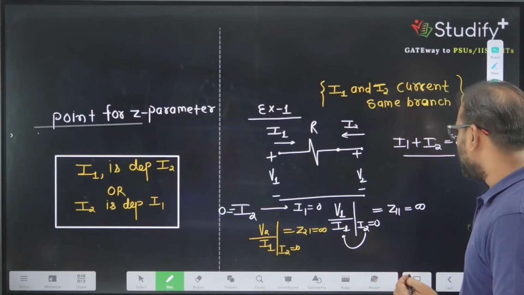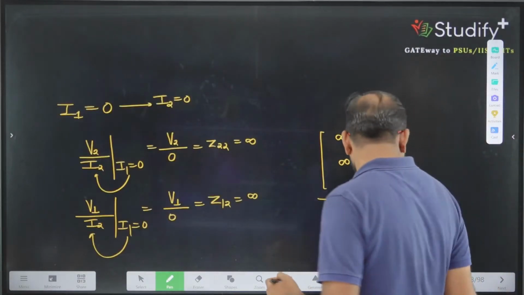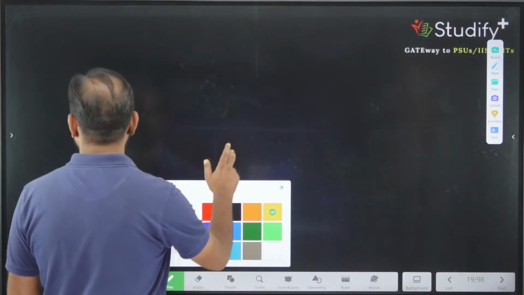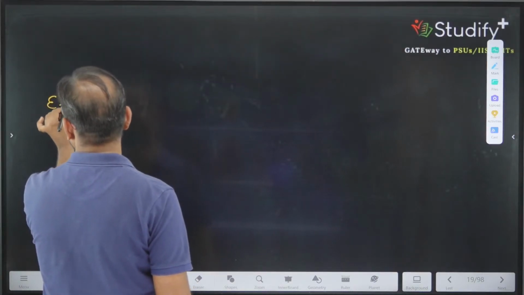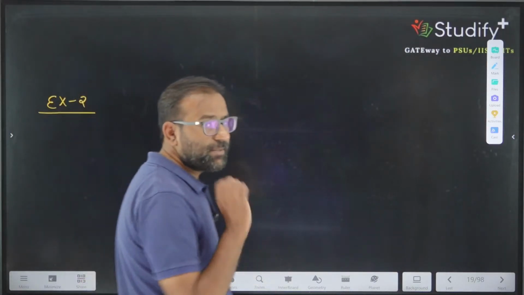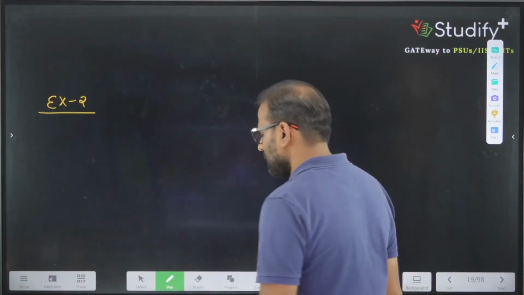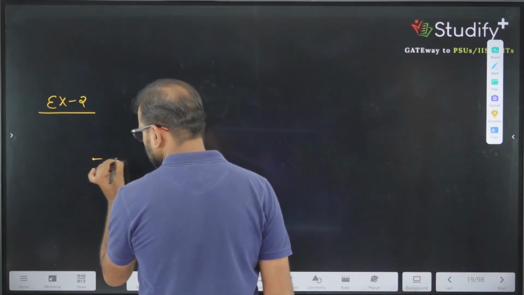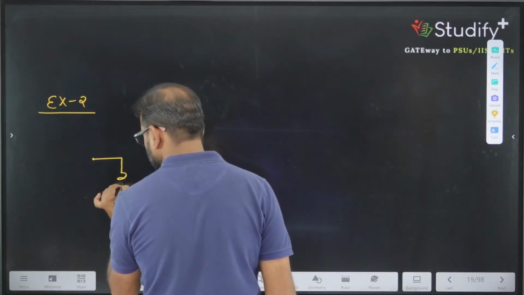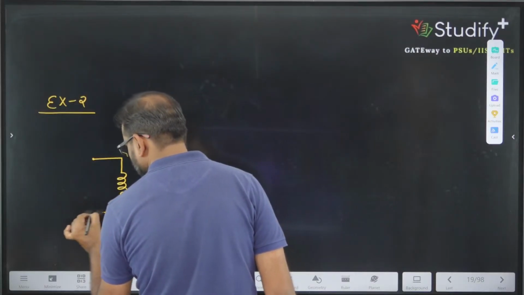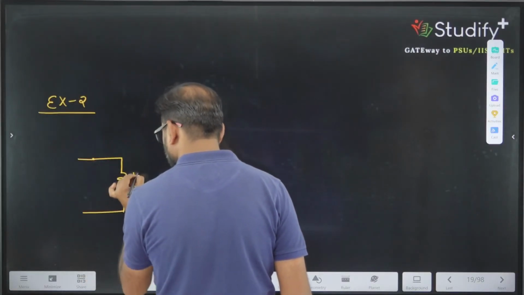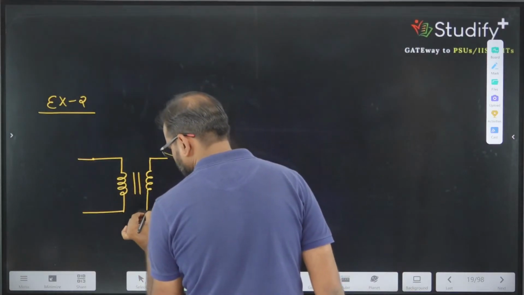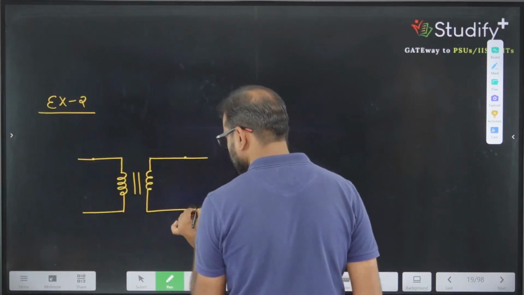Let's take one more example, example number 2, where Z parameters are not valid. Let's say you have one transformer.